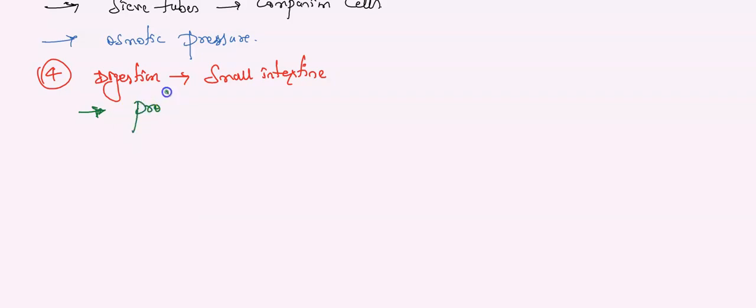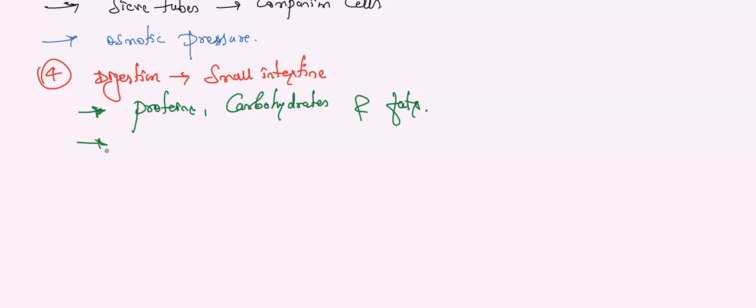Proteins. Very good. Carbohydrates and fats. Small intestine is the site of complete digestion of proteins, carbohydrates and fats.